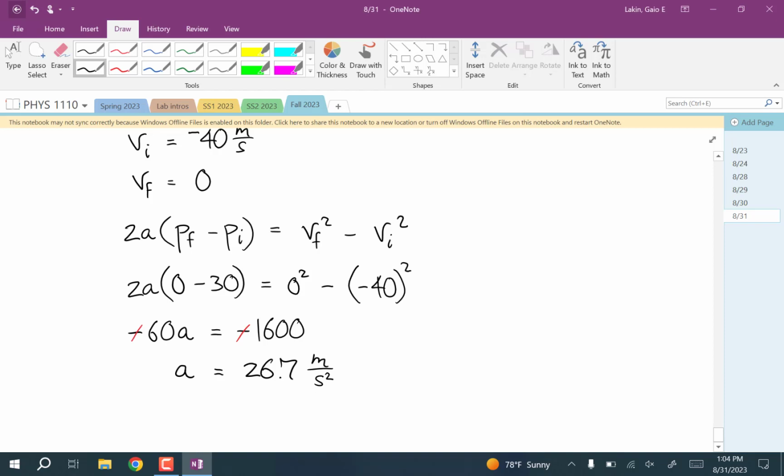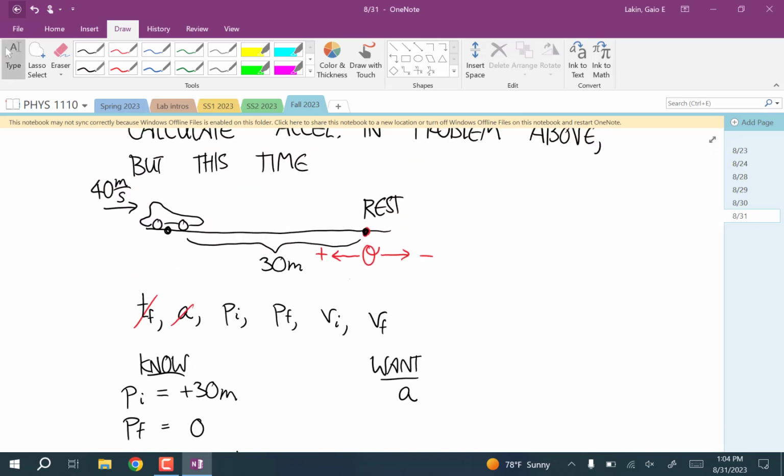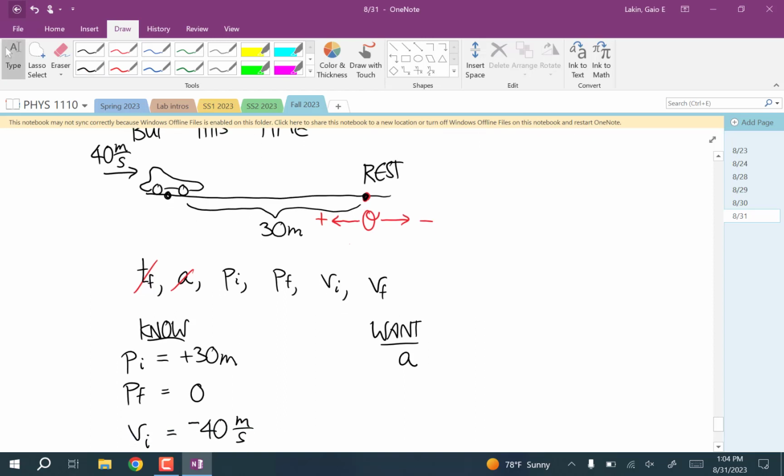Okay, let's think again about the meaning of that sign, okay? Last time we got a negative answer, this time we got a positive. Is the car's velocity in the positive or negative direction in this setup? Negative. Is it speeding up or slowing down? It's still slowing down, it's hitting the brakes, right? And so if it's moving in the negative direction and slowing down, what do we expect the acceleration sign to be?